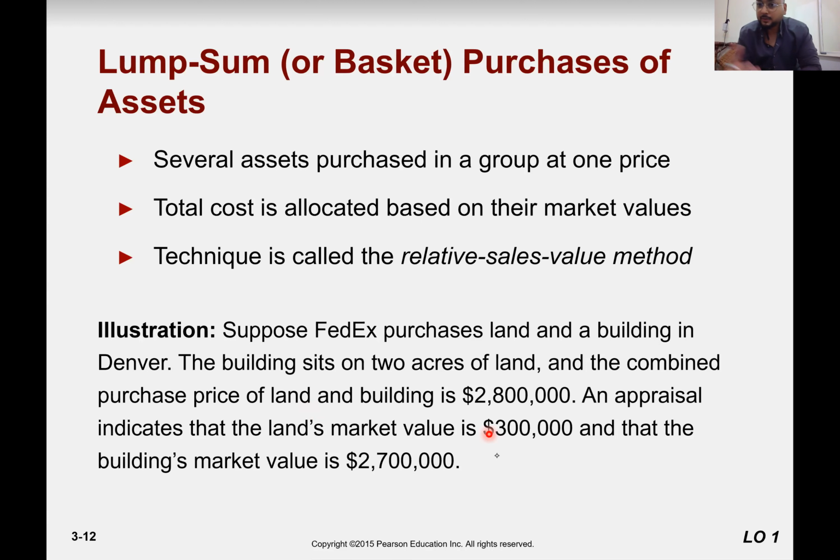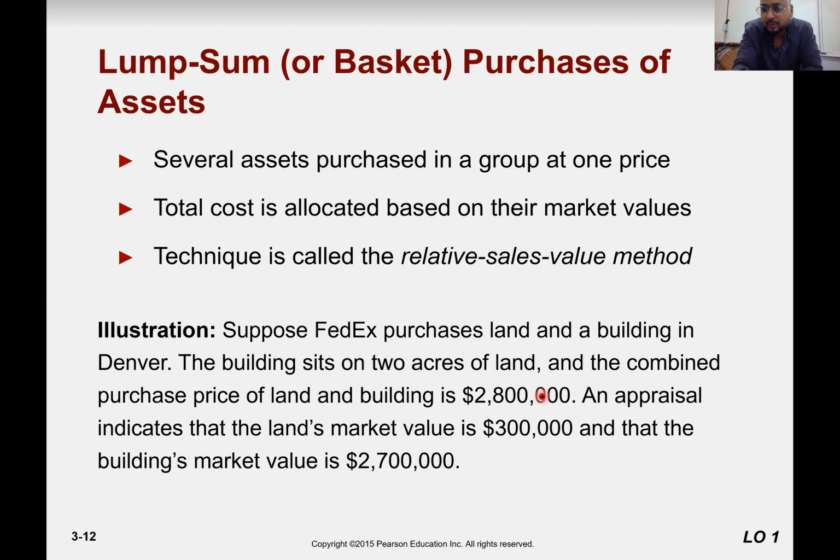So you hired a person to do a survey and find out that if we alone buy the land, it costs us $300,000, and if you alone buy the building, it costs us $2,700,000. So if we do not make a combined purchase, we have to pay $3 million. But since it's combined, we got some discount, we are paying $2.8 million.